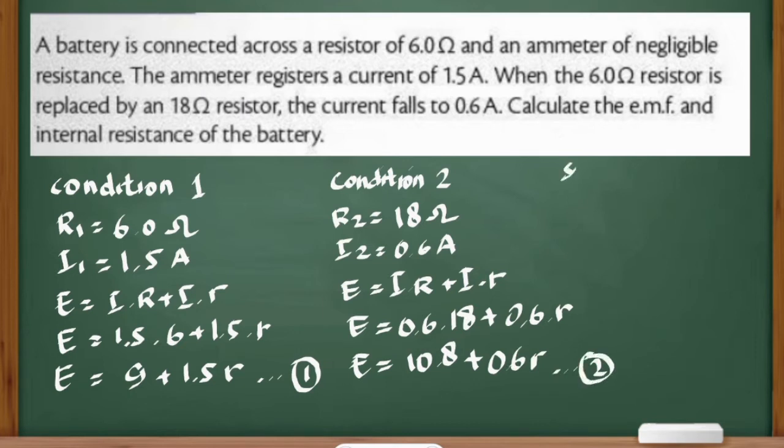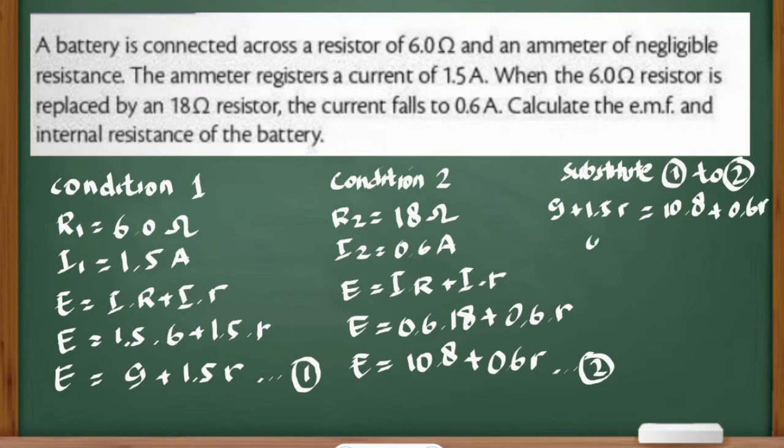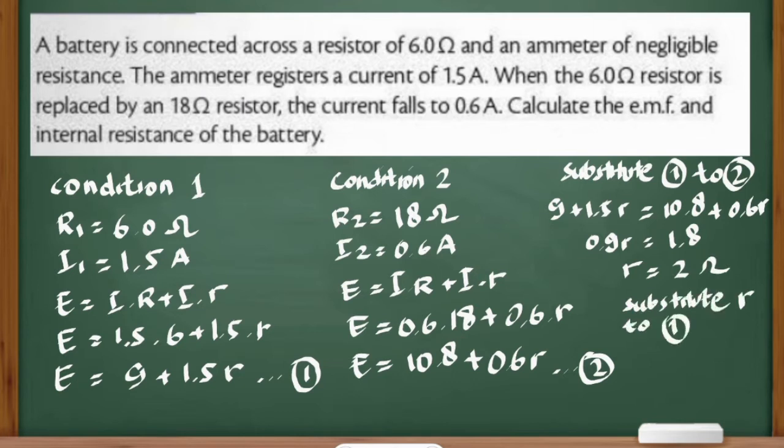Substitute for E in the second equation. Therefore, the internal resistance of the battery is 2 ohms. Substitute for the internal resistance in the first equation. We will get EMF equals 12 volts.